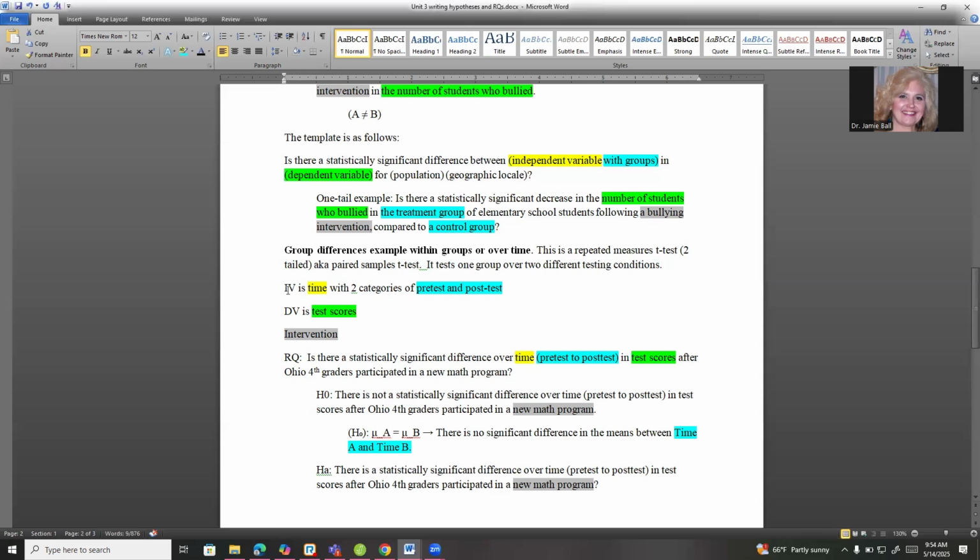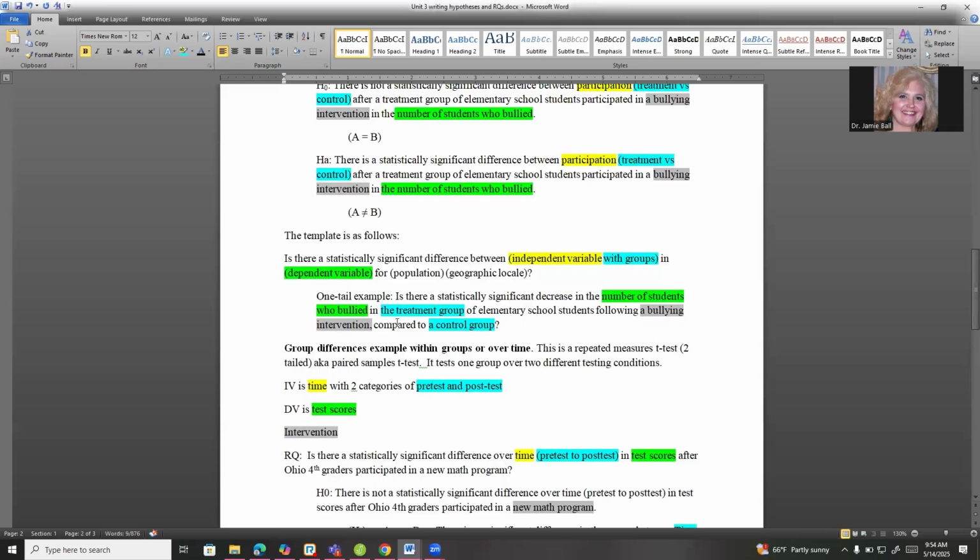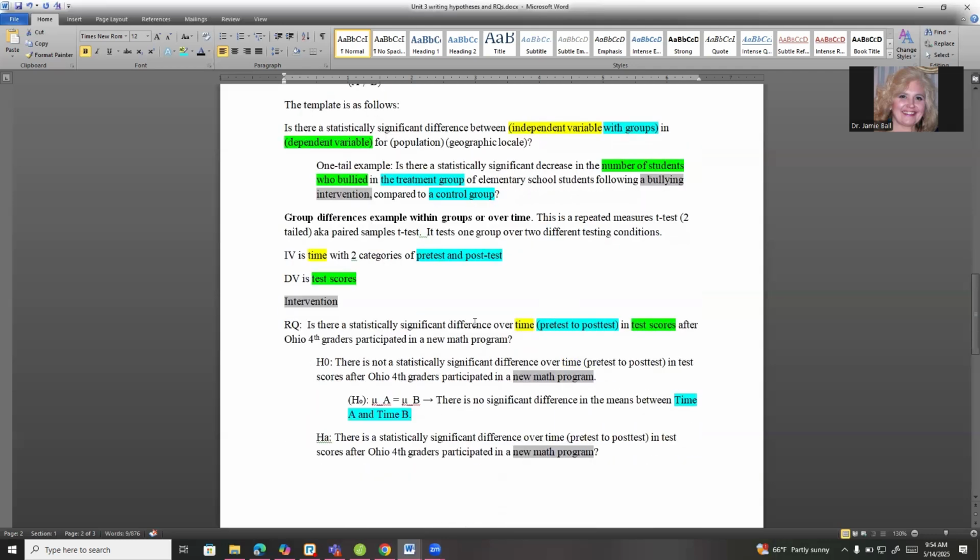So my independent variable is time. And it has two categories, pre-test and post-test. You can have more than just two categories of time. And my dependent variable here is test scores. And this one does have an intervention. Okay. Is there a statistically significant difference over time, pre-test to post-test, in test scores after Ohio fourth graders participated in a new math program?